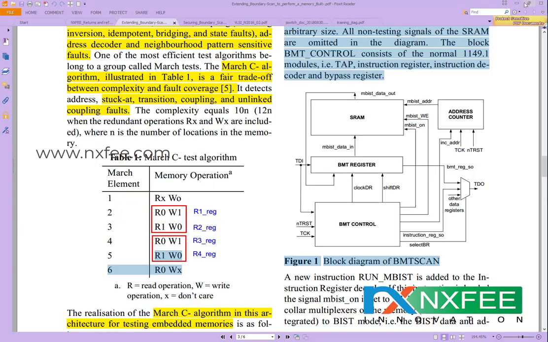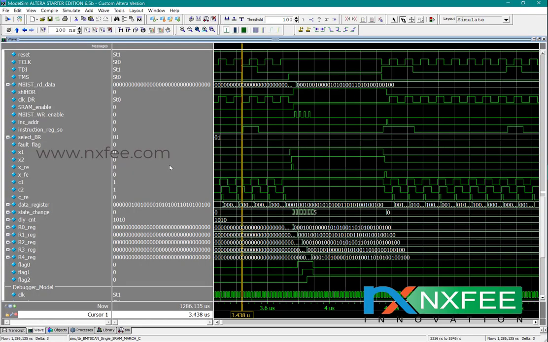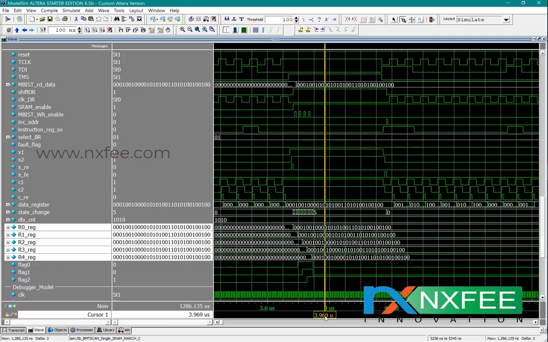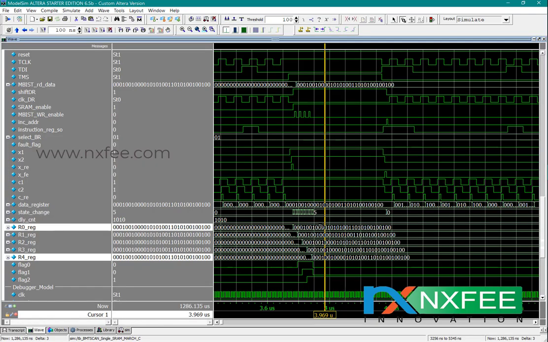We need to read and write repeatedly 4 times. That's why the MBIST write enable will be generated 4 times. At those times we write and read the data from R0, R1, R2, R3 and R4 registers, and then finally we compare the value. So the R0 and R4 values we need to compare.